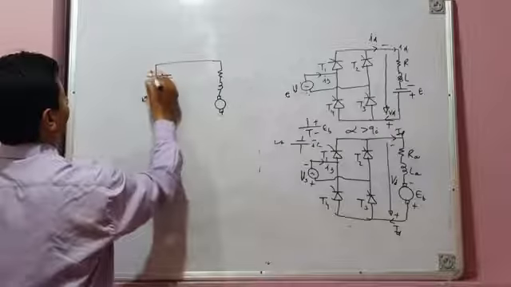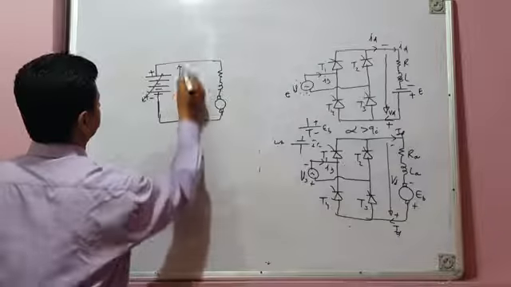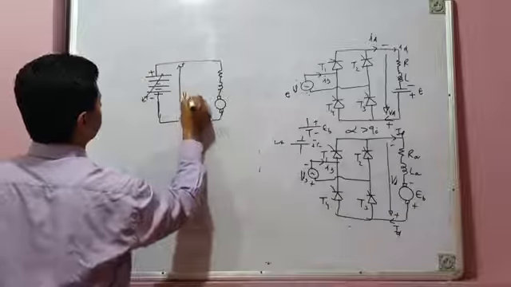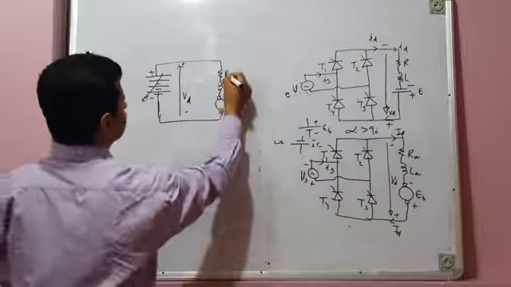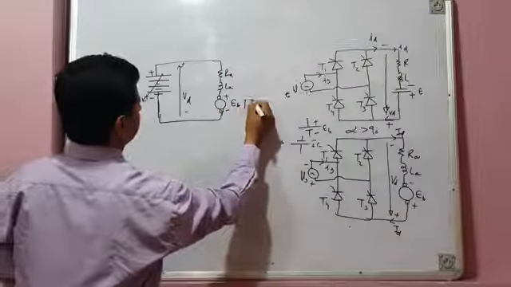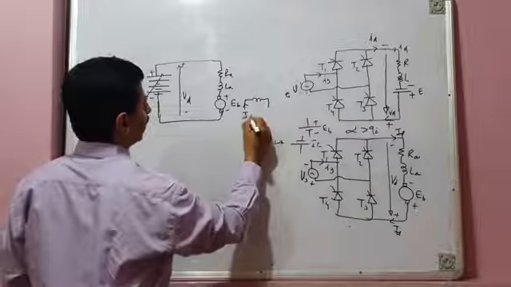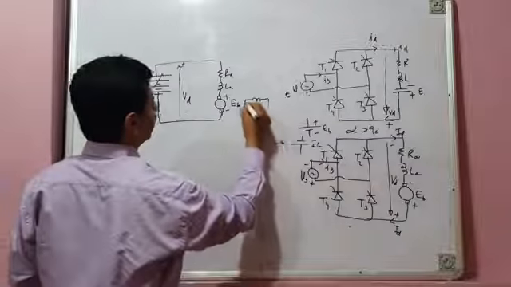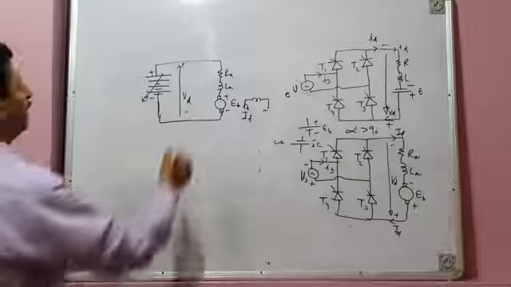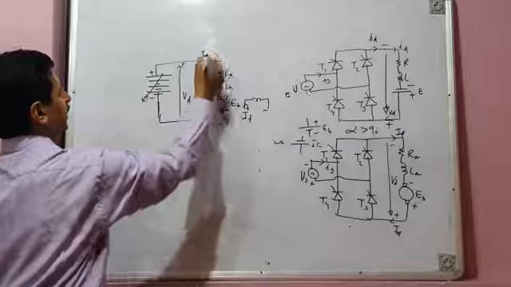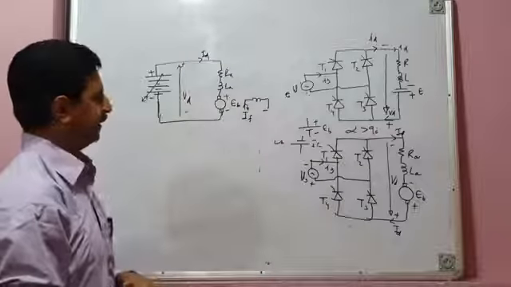For rectification mode of operation, average output voltage is positive, plus minus VD, and the motor's back EMF is also positive. This is RA, LA. The motor has some field windings. So let us suppose this is a separately excited motor. The field winding has this polarity, and field current is flowing like this. Then current flows like this, and so average output voltage is positive. Power flows from AC side to DC side.